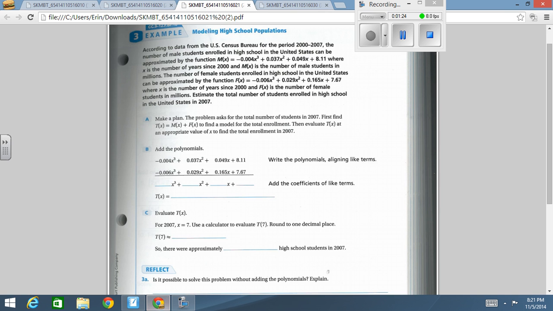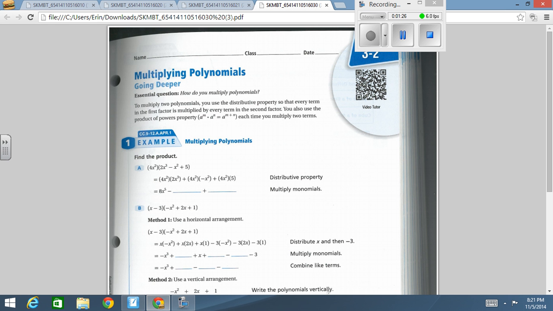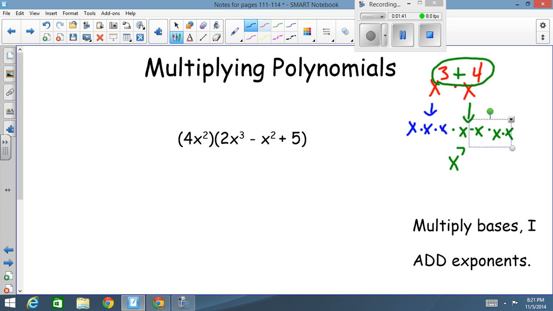Now once again, this is one where in the book, we're going to do the distributive property here. The first step that they show you in the book is actually rewriting this with a whole new set of multiplications.